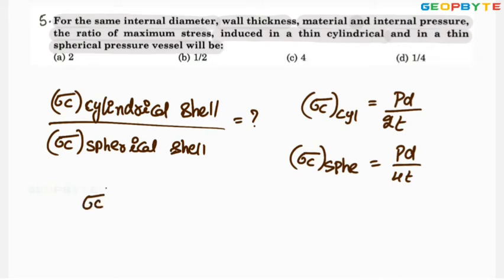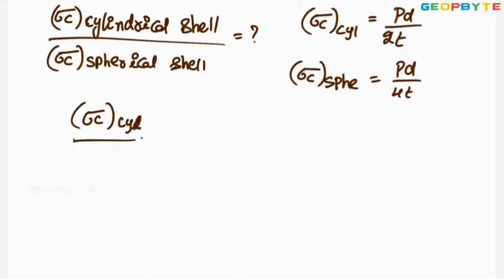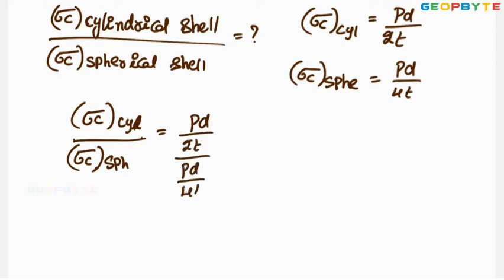Therefore, circumferential stress for cylindrical member divided by circumferential stress for spherical one is equal to PD by 2T divided by PD by 4T, which is equal to 2.